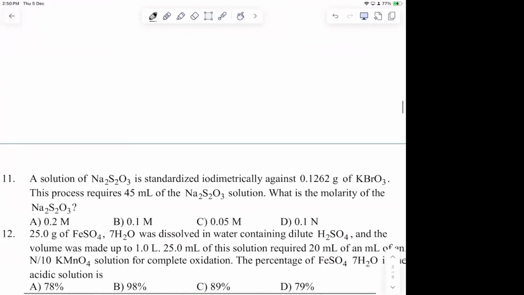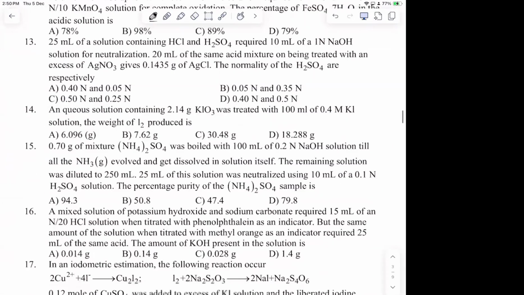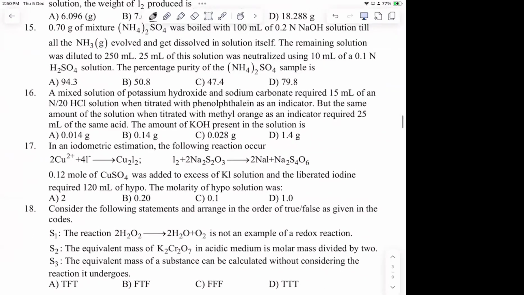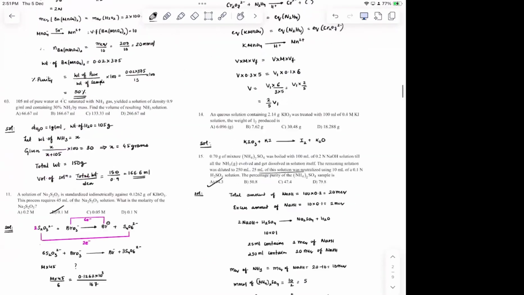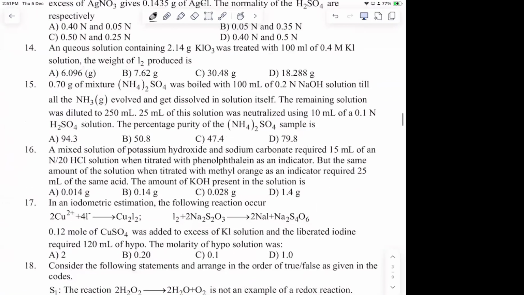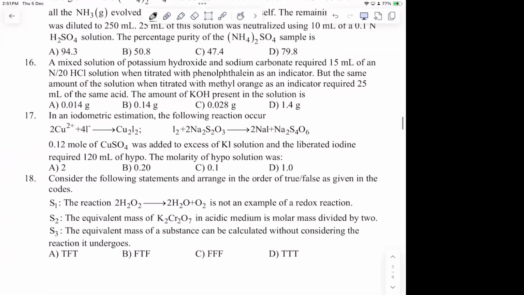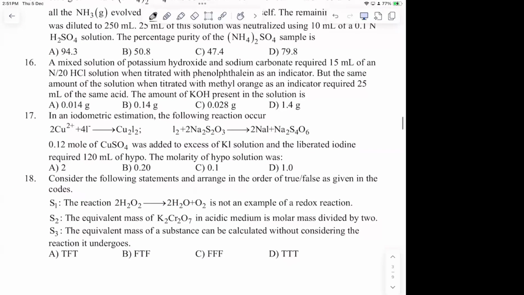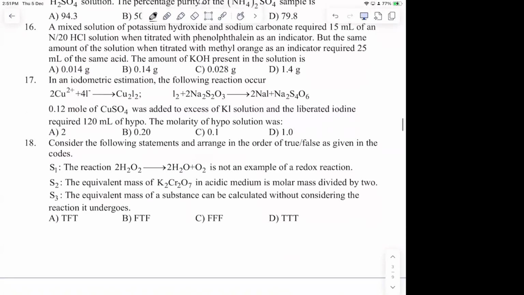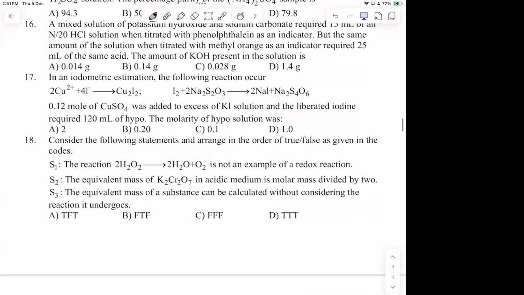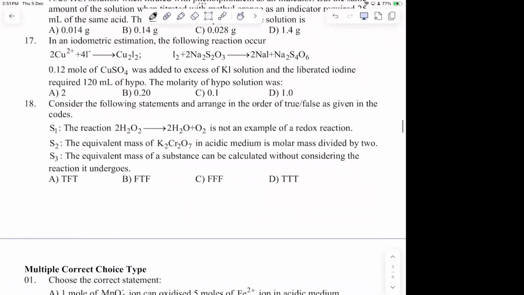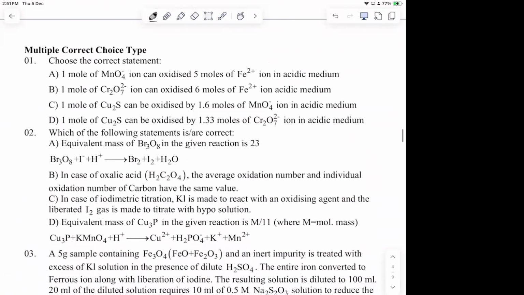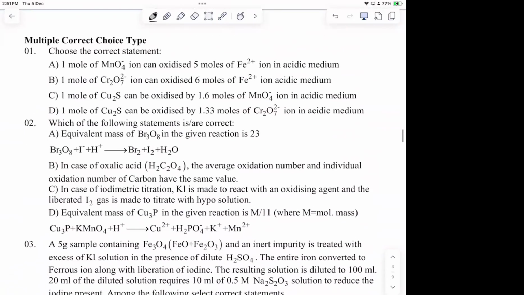Yeah. Next. 15th, 16th. 16th is just a basic indicator form. 17th, hypo question, straightforward question. 18th, equivalence, you need to just express that. 19th, I mean, first one here.